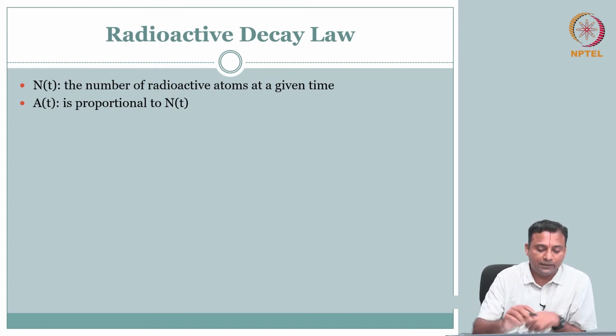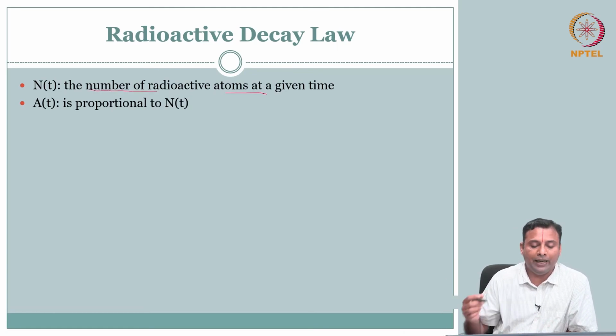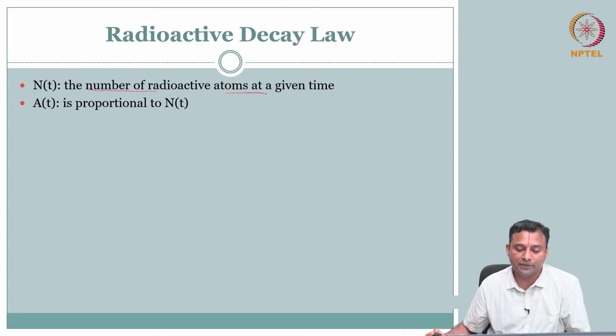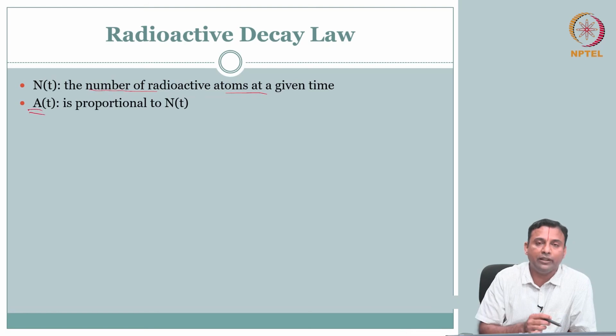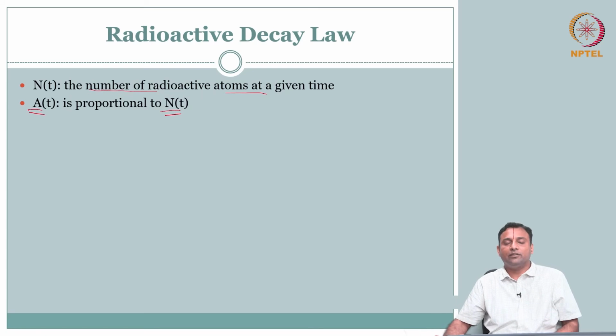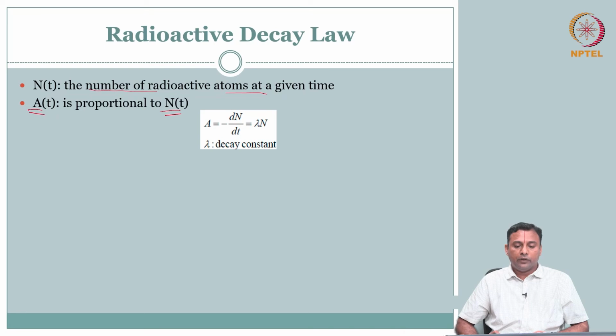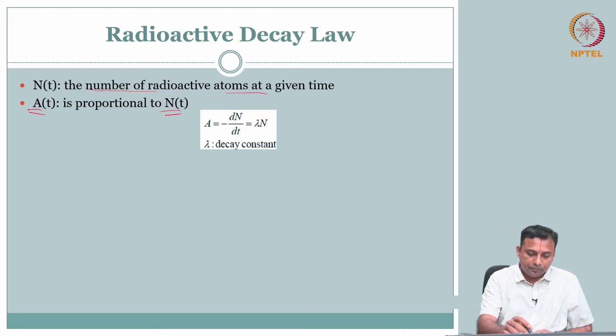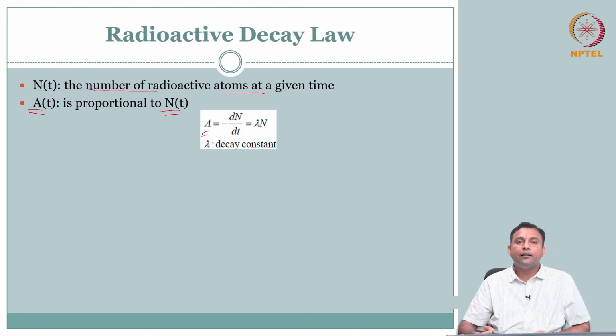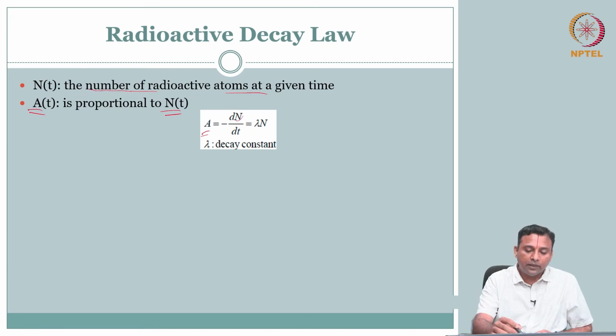So what does that state? You start with N number of radioactive atoms at any given time, right? What is radioactivity? Disintegrations per time. So your A of t, your radioactivity, is proportional to the number of radioactive atoms that are there at that time. Just pretend that N is continuous.